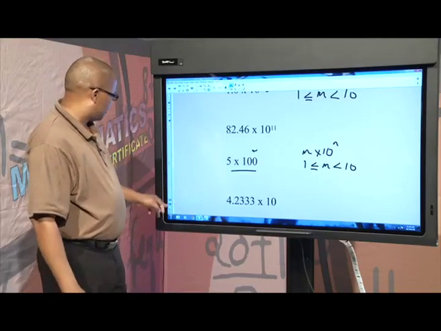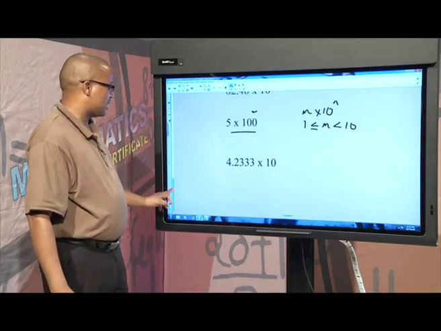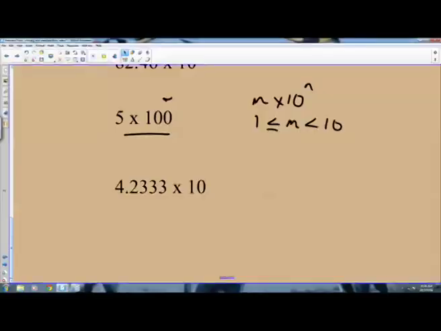And then let us have a look at this one, 4.2333 times 10. The conditions are m times 10 to the power n, and 1 is less than or equal to m, which is less than 10. If we look at this, this is just 10 to the power 1. So the condition for the integer is satisfied. And then the value of m should be within the range 1 and 10.